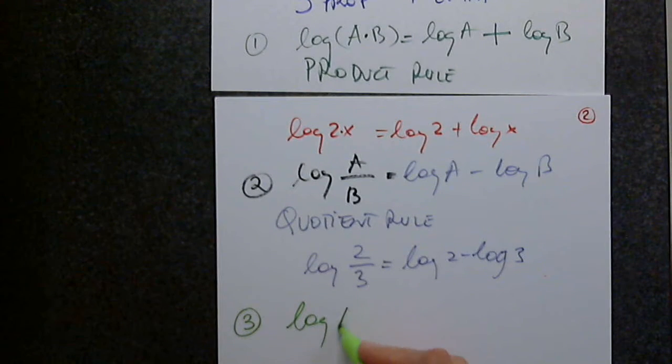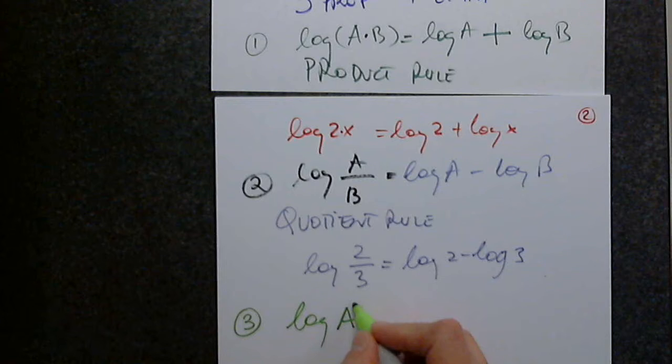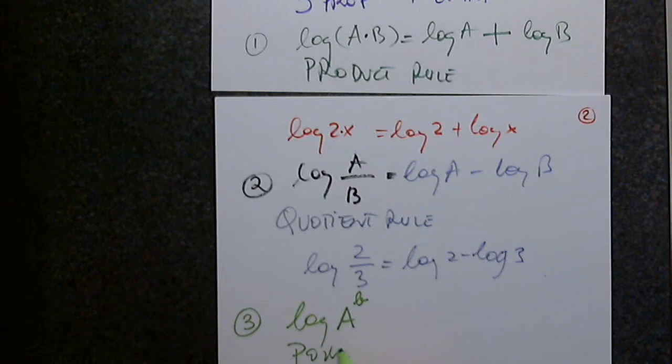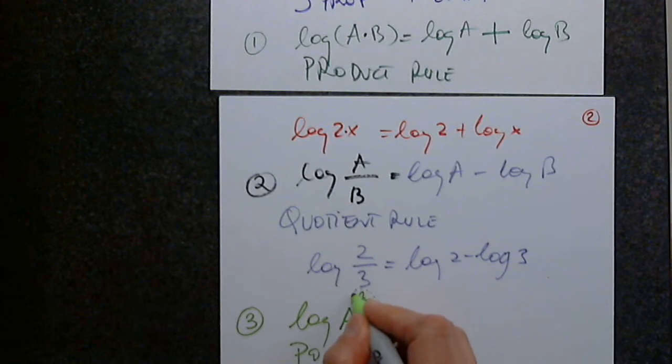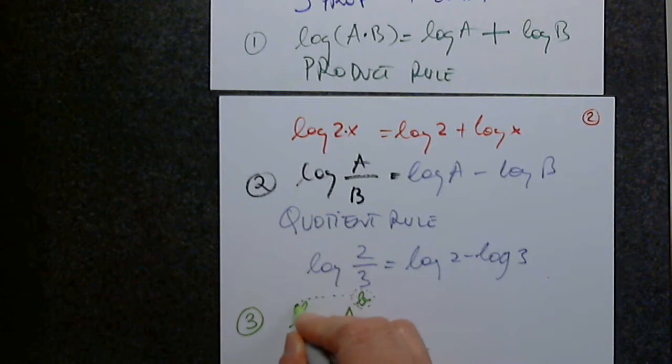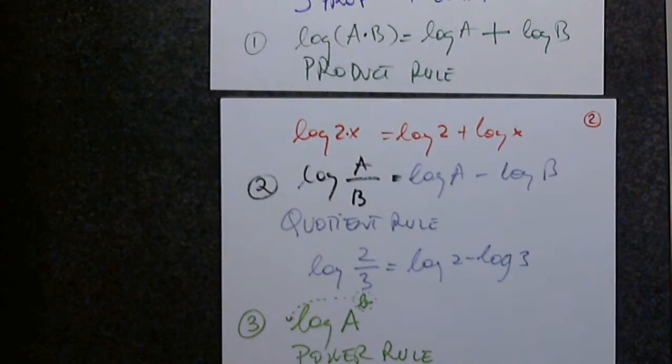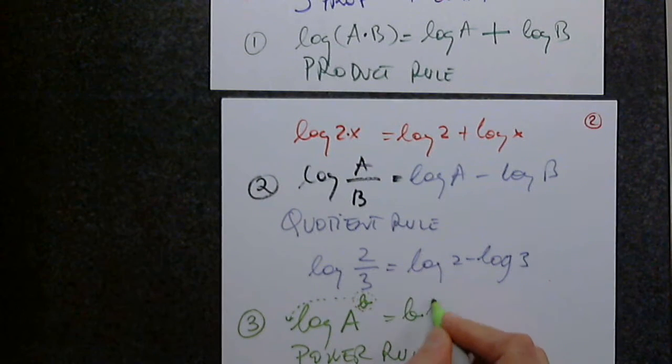Log applied to A raised to power B. Of course, this is the power rule. And this is the only function that allows us to take the power and put it in front as a factor, which means we'll multiply by log A.